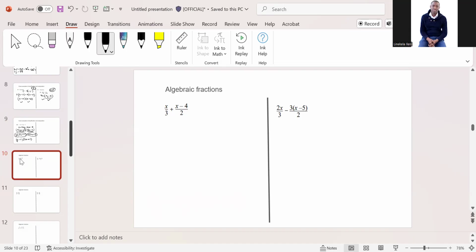So it's very, very important that we please know that. And then in another video as well, we will also touch on how we can solve this when this whole thing is probably equal to a number. And then we will move to the part where we are expected to simplify algebraic expressions as well.